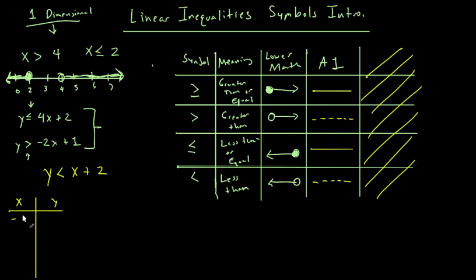Negative 2 plus 2 is just 0. Negative 1 plus 2 is just 1. 0 plus 2 is just 2. 1 plus 2 is 3. And then 2 plus 2 is 4. Okay, so I have a little chart here. I can go ahead and graph this.